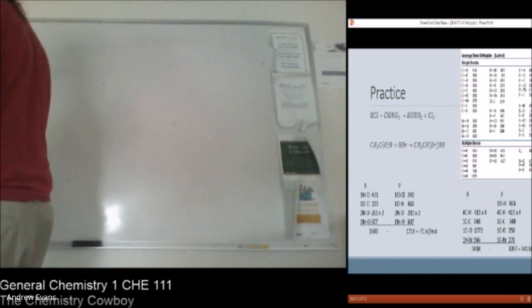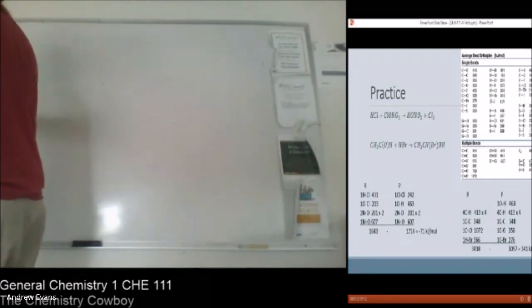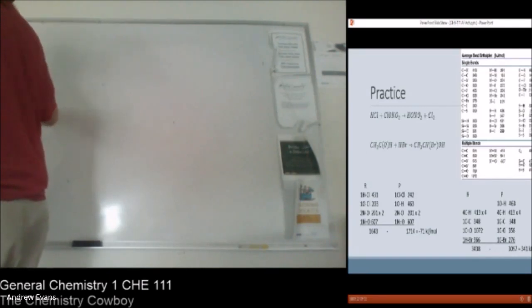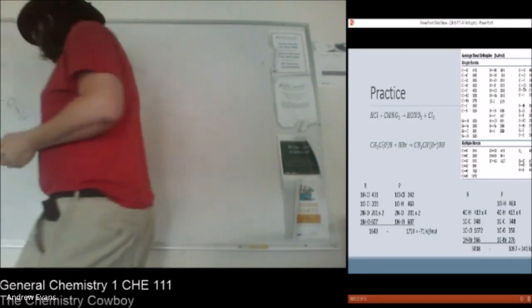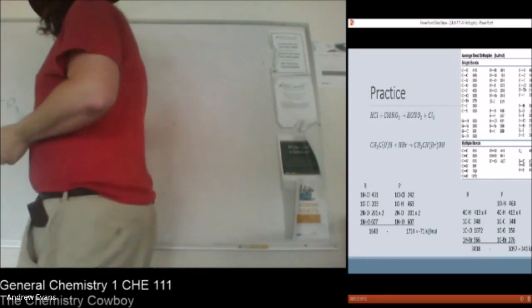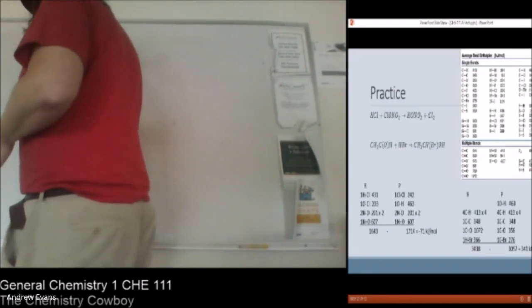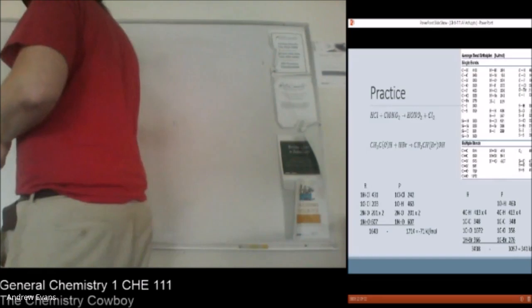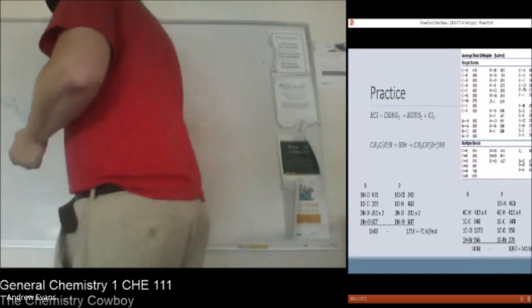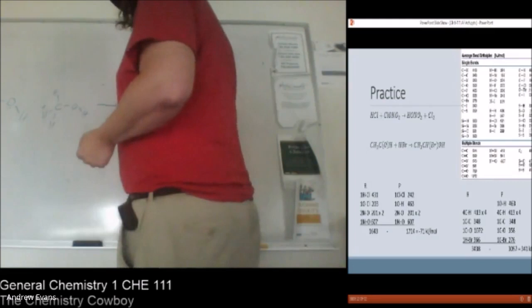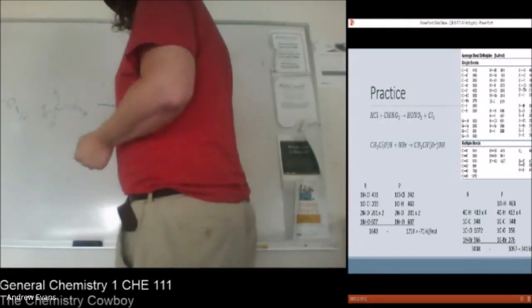I'm going to break this down. So we're going to have methanol plus another methanol. I'm going to combine to form a dimethyl ether and water.